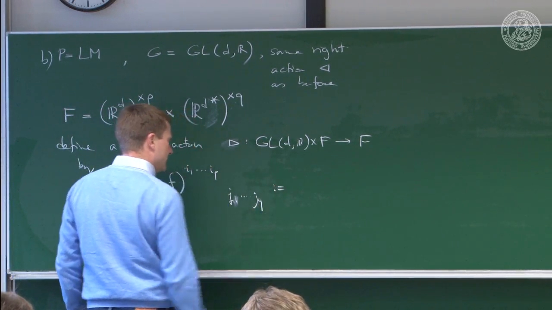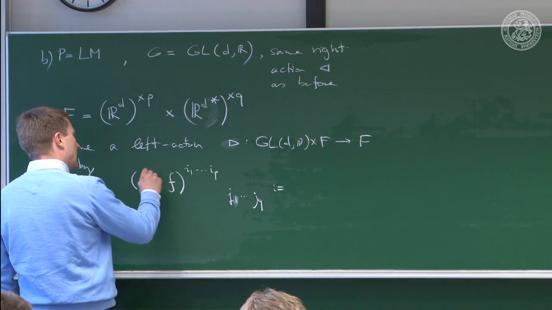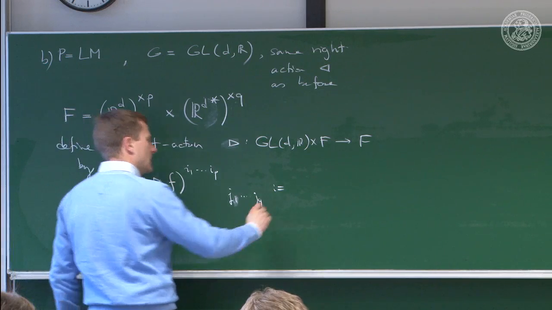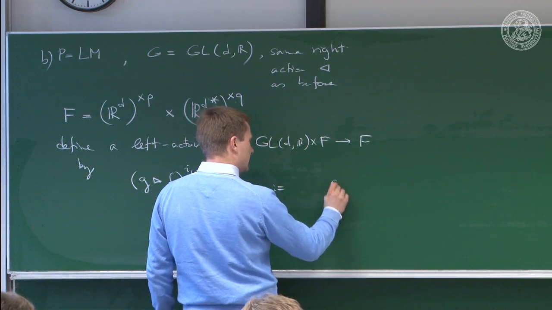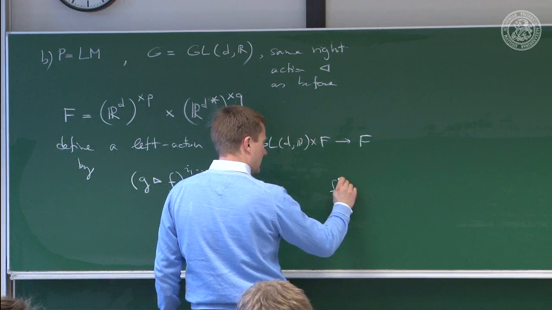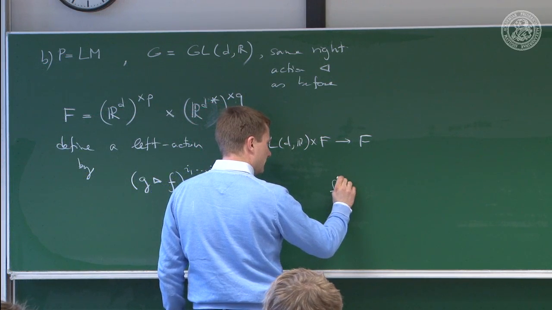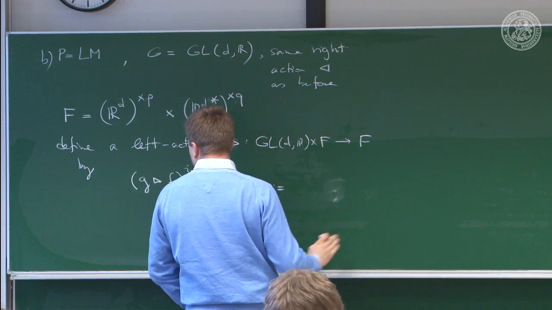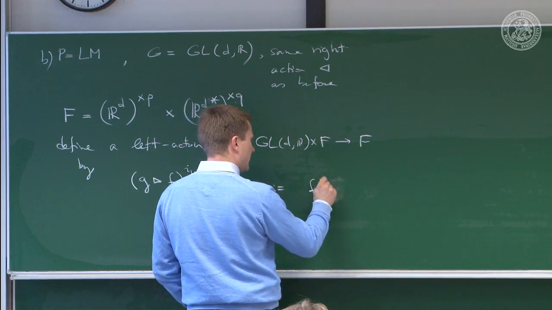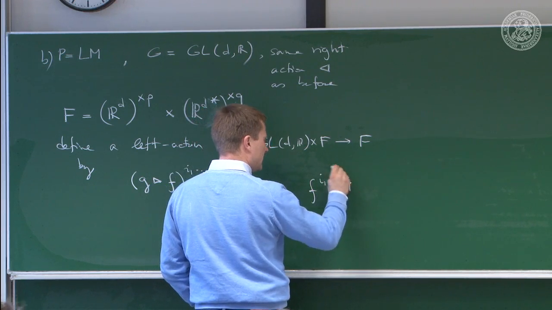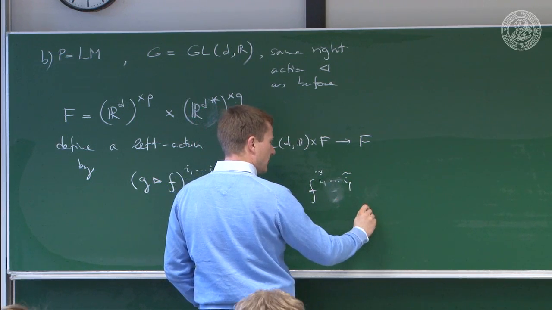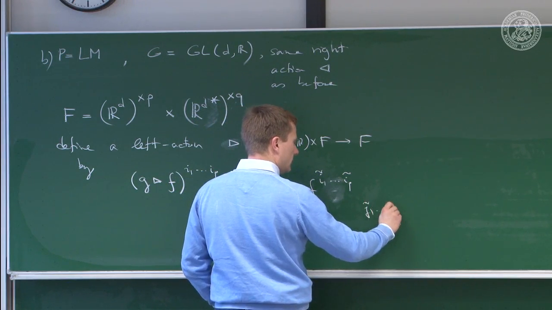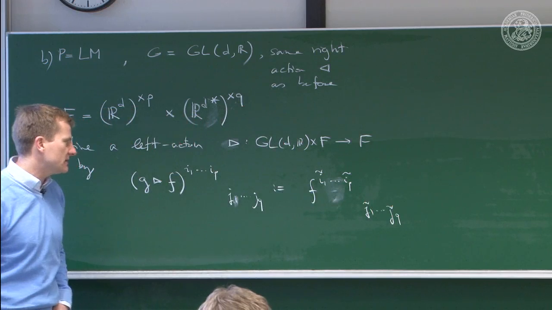And we define this as, in order to make it simpler, the f with I1 to IP, all indices twiddled, and J1 to JQ, all the indices twiddled, so they're different indices.